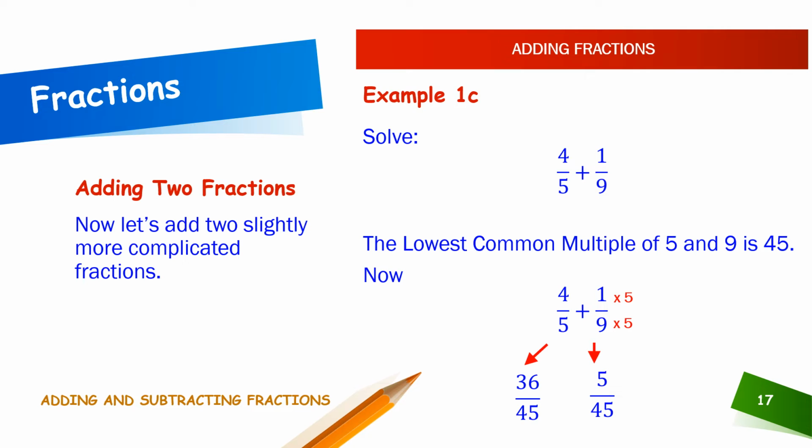And multiply the numerator and denominator of 1 out of 9 by the same number 5 to give 1/9 equals 5 out of 45. Finally, add the numerators to give 41 and leave the denominators alone to give 45.